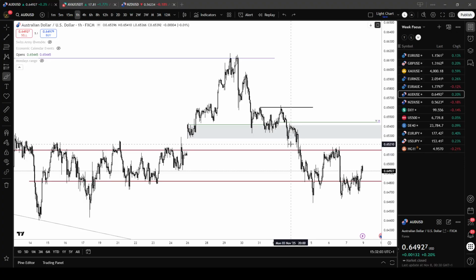So it gave you a bit of a bounce, which was expected since this range led into a breakout. However, once it gets inside, that is not a good sign.